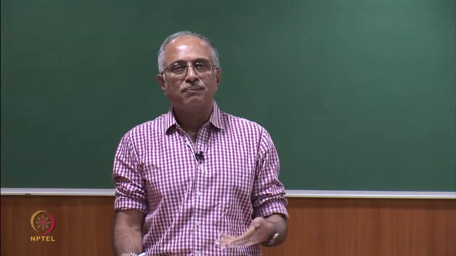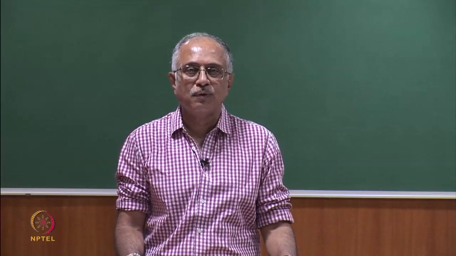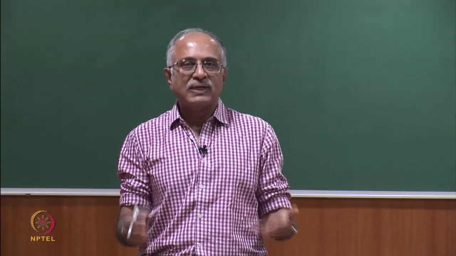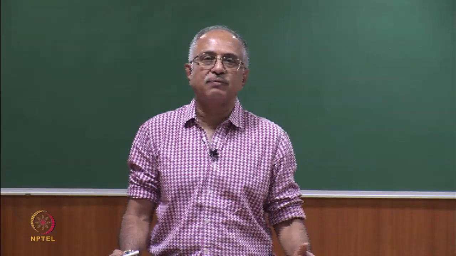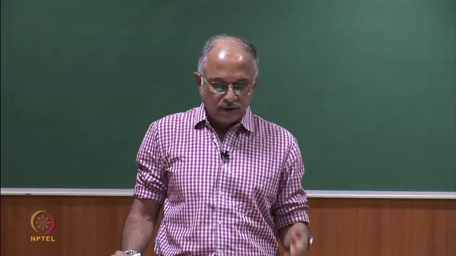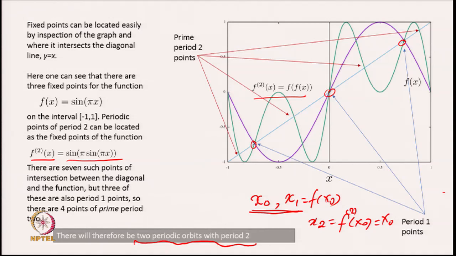Okay. So, a combination of graphical analysis and a little simple arithmetic over here tells us that this map not only has got period 1 points, it has also got period 2 points, and we can see now how to get points of any period that we desire, either by solving an algebraic equation, solving this equation that is sin pi x is equal to x.